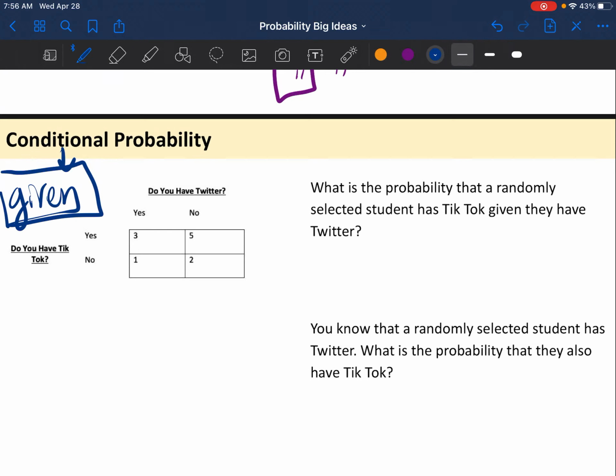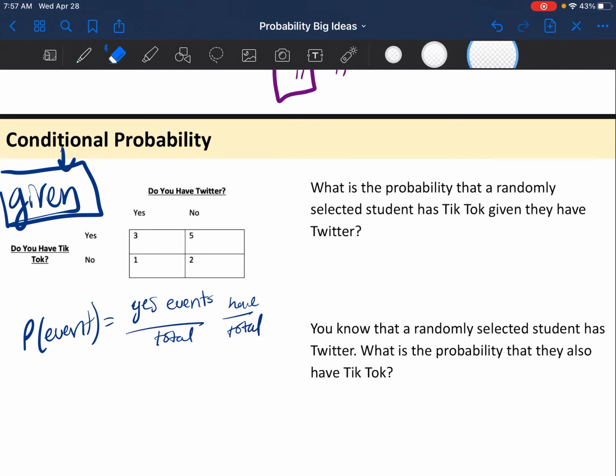So let's look at this. I know that the basic formula for probability is the probability of my event equals the yes events, or how many you have, over your total. It's like have over total.